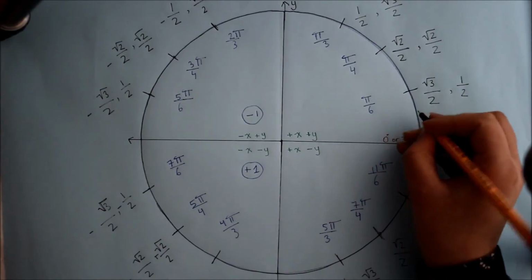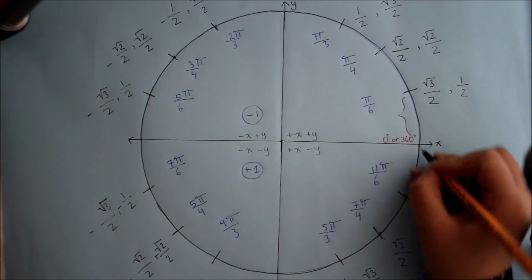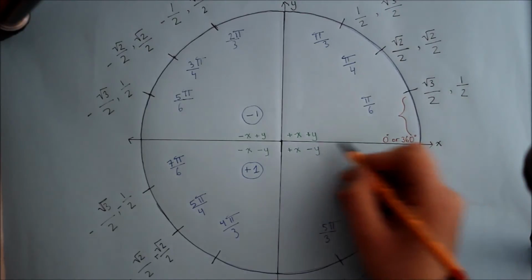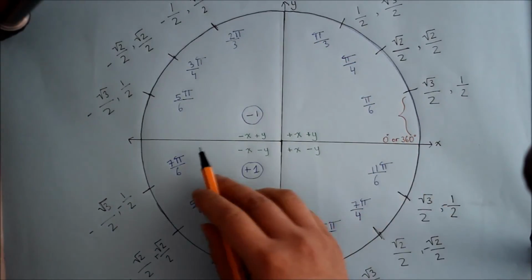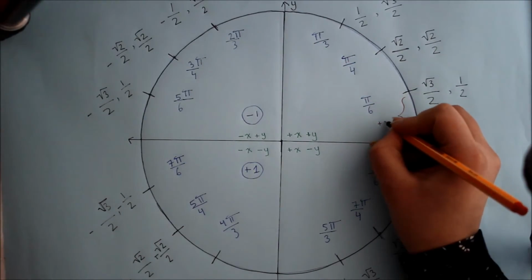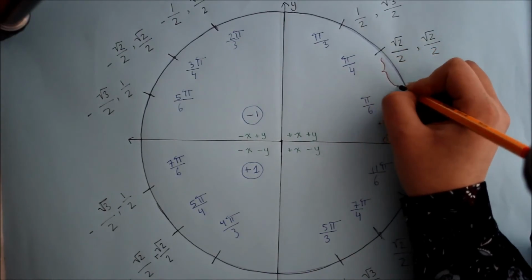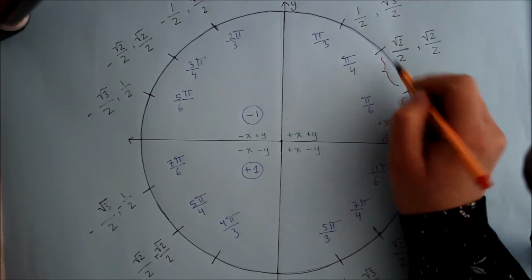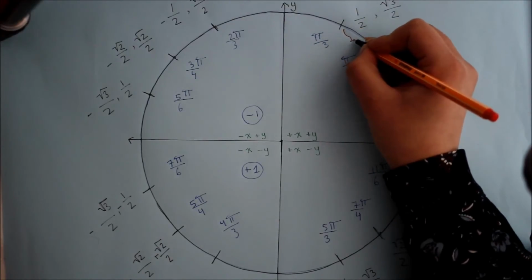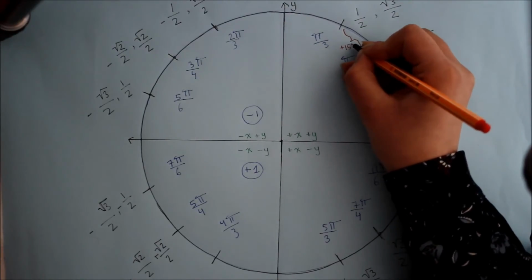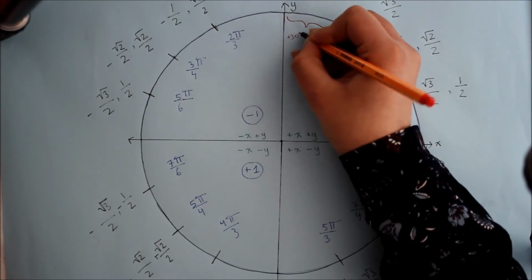Now, something that is worth remembering is that whenever you're going from any of these lines, the y or x axis, it's always going to be plus 30 degrees, alright? But between those angles, it's always going to be plus 15 degrees, alright? Plus 15. And right here we have plus 30 degrees.